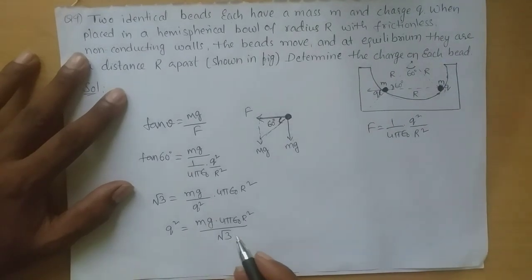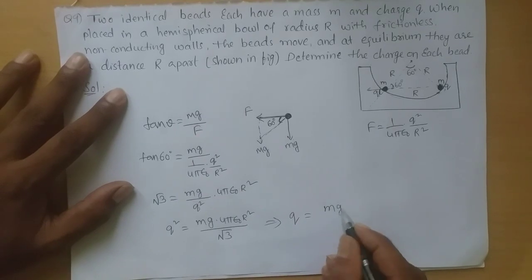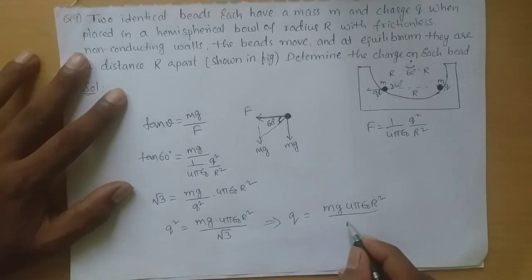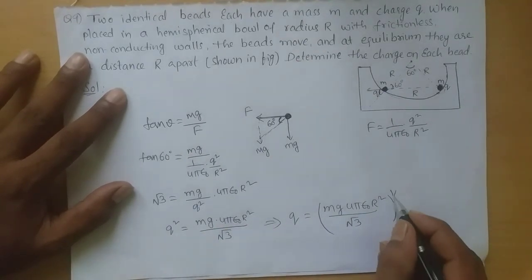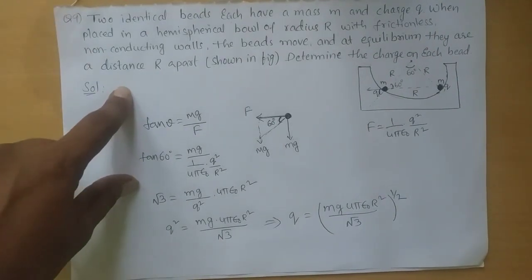Okay, so from this we can find q equals mg 4 pi epsilon naught r square by root 3, whole to the power 1 by 2, since sending the square to this side it becomes a square root. So this is the charge on each bead. In this way we have to solve the problem.